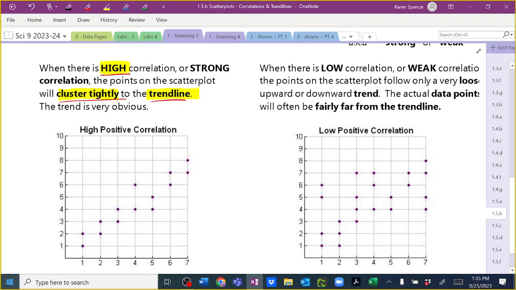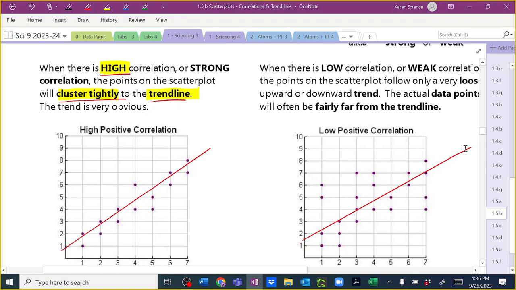You can say the graph on the left has higher correlation and the graph on the right has lower correlation, because if we try drawing the trend lines for those two graphs. I'm kind of guessing on that one.